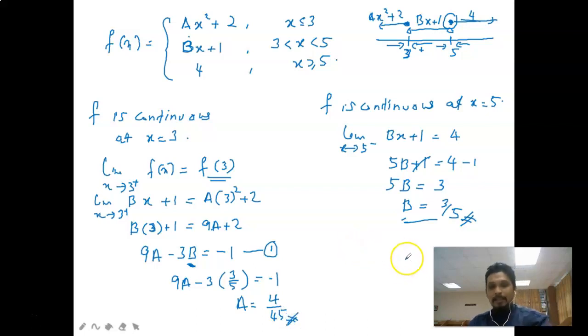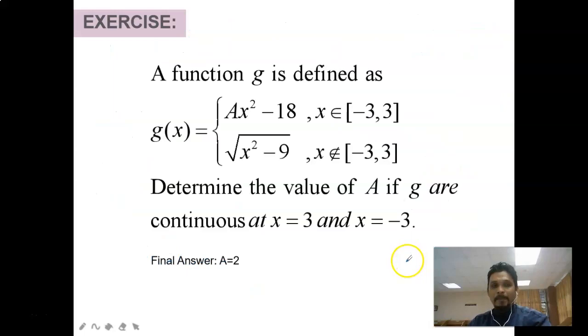Next, an exercise is given and the final answer is a equal to 2. You may try the question by yourself, and if you have any problems, you may refer to me again, or refer to any of your teachers to get the solution.